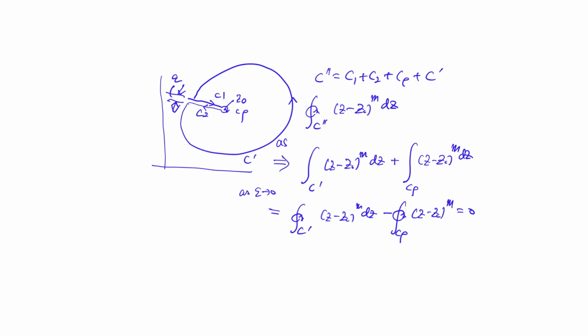so if epsilon goes to 0, the C prime also becomes a closed integral, right? As C prime also becomes a closed curve.